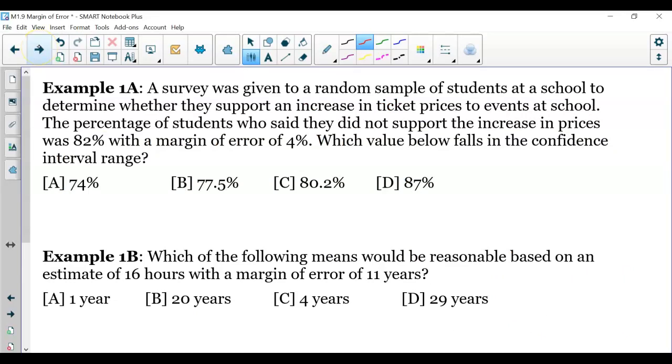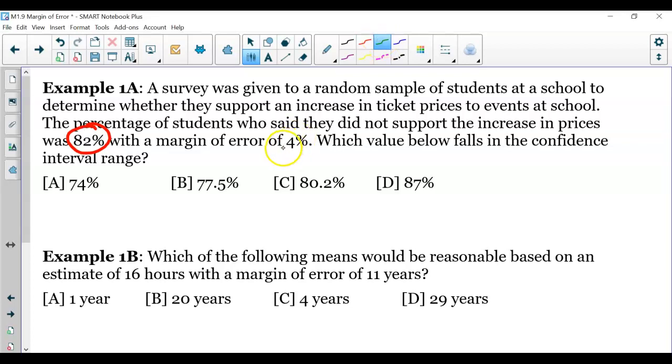So again, here with this first example, I'll give you the chance to read through it. We are talking about the percentage of students who do not support this increase in prices is 82%. However, if I wanted to know and create this interval here that data could fall between, because it's not going to stay at 82% as more data comes in.